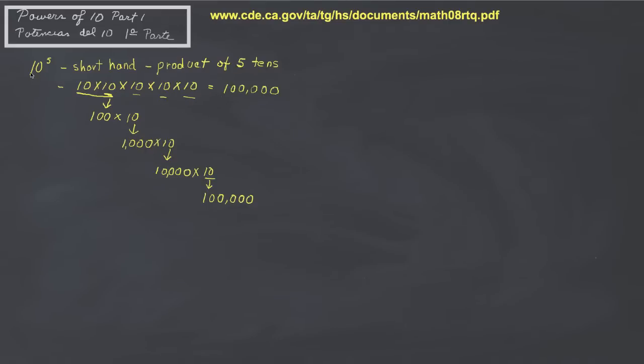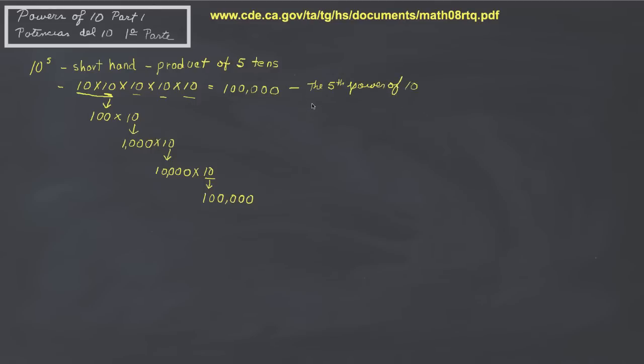Okay, now the expression 10 with a little 5 on top and a 1 with 5 zeros are both called powers of 10. And in this case, the fifth power of 10. There are other ways of saying it.